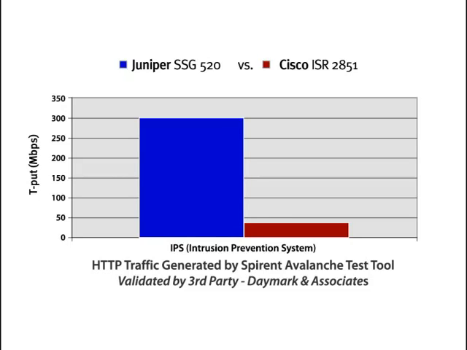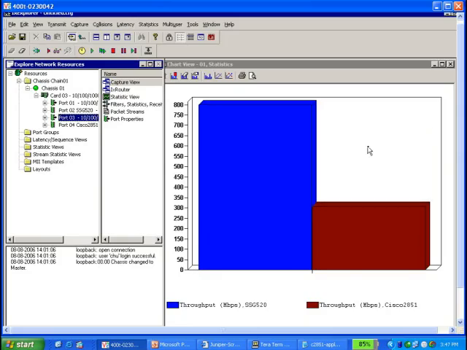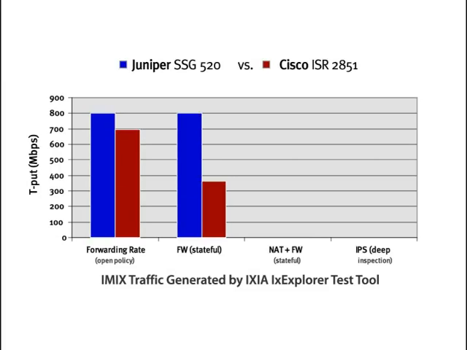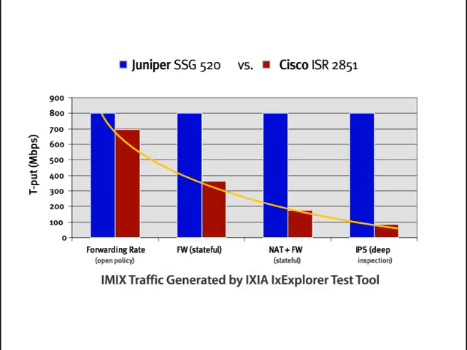The trend to notice here is that every time you add an additional service on Cisco, it loses about 50% of its overall performance, whereas on Juniper, every time you add a service, almost no change happens to the overall performance of the system.